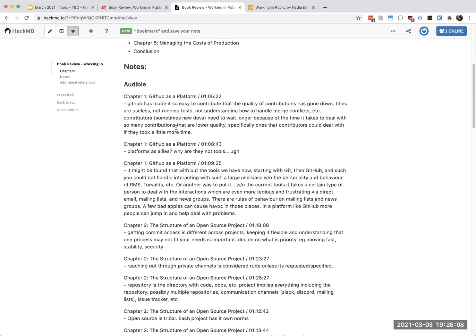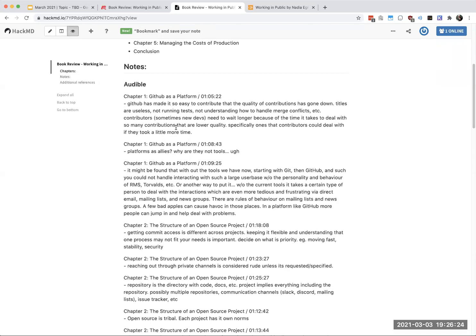How do you interact with the community? Not just for larger projects, but small projects that someone's maybe doing part-time, and they need it to be easier to communicate.